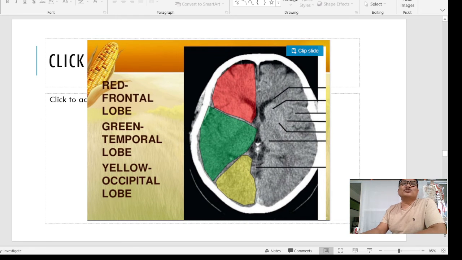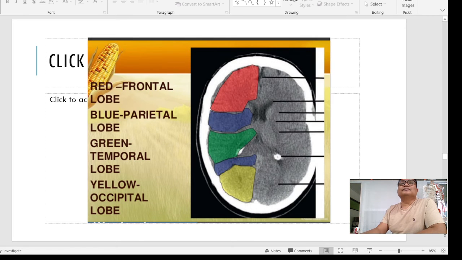It's normal, it's not diseased. Here, this is the ventricle. Slowly, if you look, the banana starts to disappear. Red is frontal, blue is parietal, going up now.